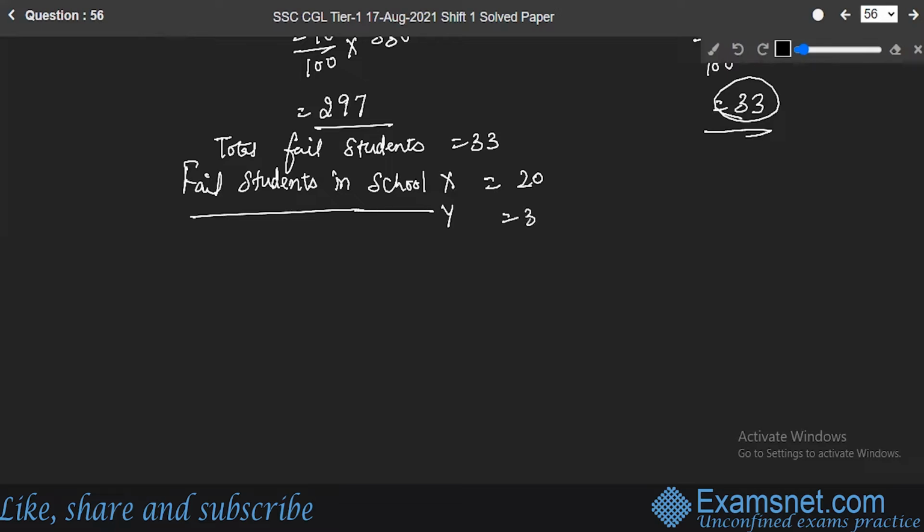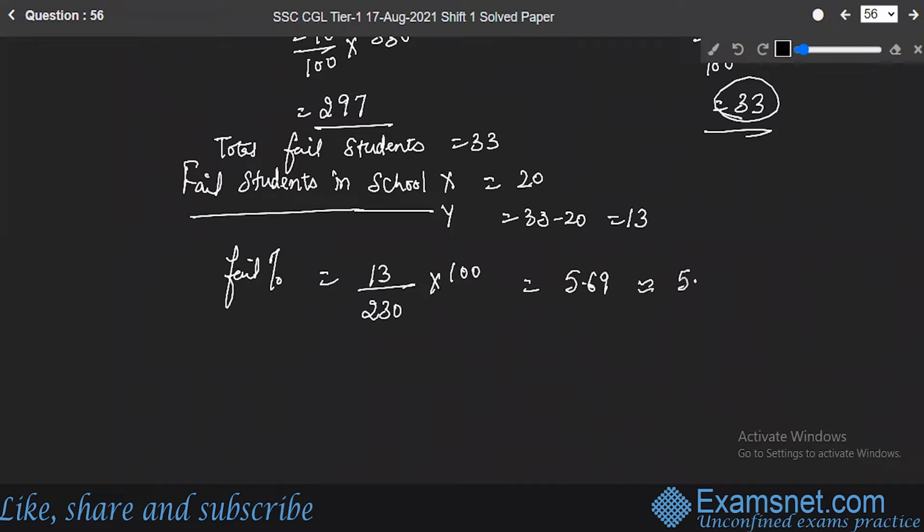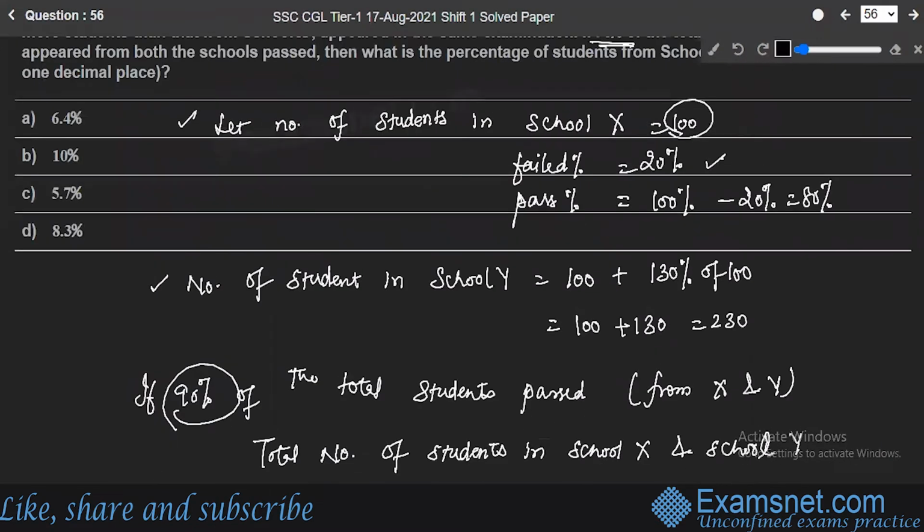It is 33 minus 20, 13. You have to find out the fail percentage. Fail percentage is what for school Y now? So it's 13 upon 230, because the total number of students in school Y was 230, into 100, which gives you 5.69. Because the answer was asked correct to one decimal place, it is 5.7. This is your answer. Let's check with the options.